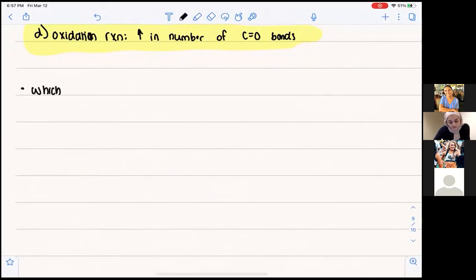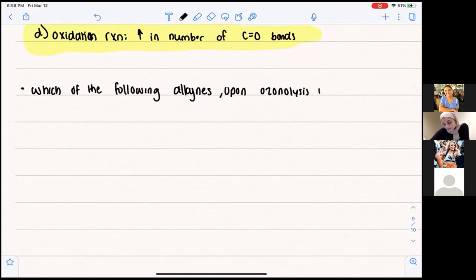So let's do, which of the following alkynes upon ozonolysis would be expected to form one product?